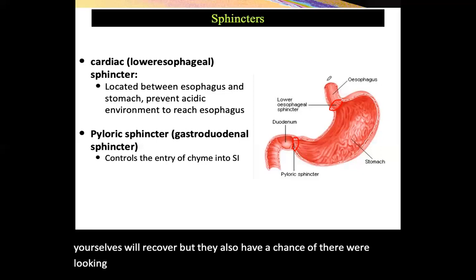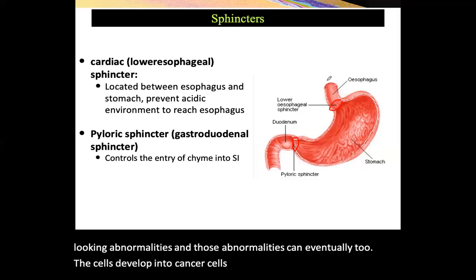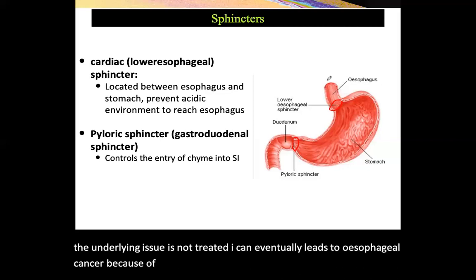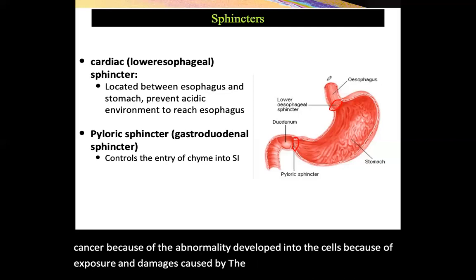And those abnormalities can eventually lead to the cells developing into cancerous cells. So acid reflux that is not treated, or whose underlying issue is not treated, can eventually lead to esophageal cancer because of the abnormality developed in the cells from exposure and damage caused by the acidity of the stomach.